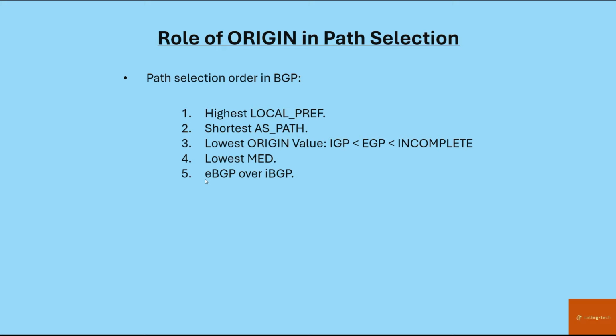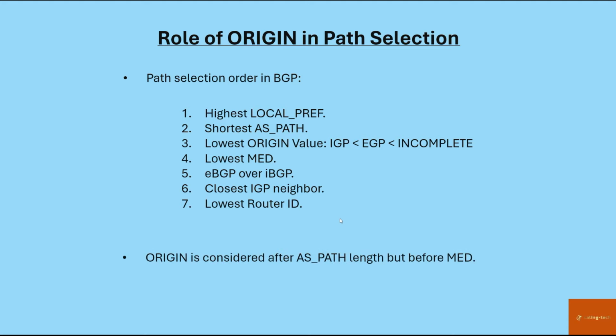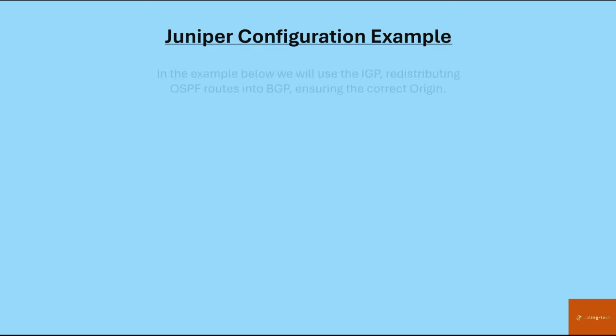If that's the same, it goes to eBGP over iBGP. If that's the same, it goes to the closest IGP neighbor. If that's the same, it's the lowest router ID. So origin, as we can see from this, is considered after AS path length, but it's considered before the multi-exit discriminators. So here's a Juniper configuration example.